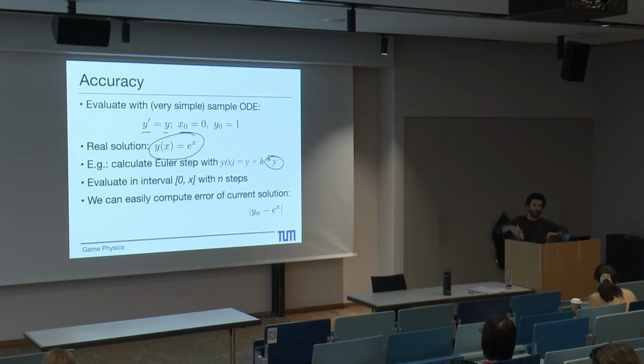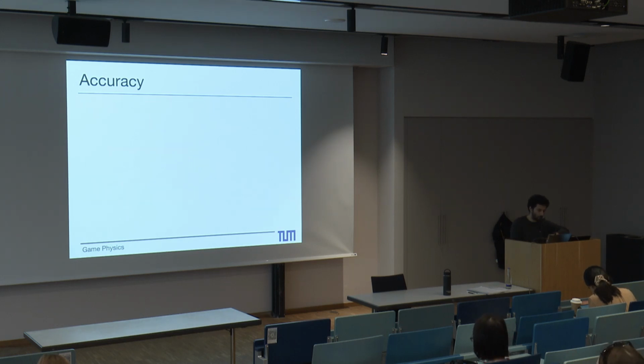So by modifying the value of n, we're gonna get an estimate of how fast our accuracy in the computation improves, and so this will give us an intuition of how good or how bad our different methods perform.